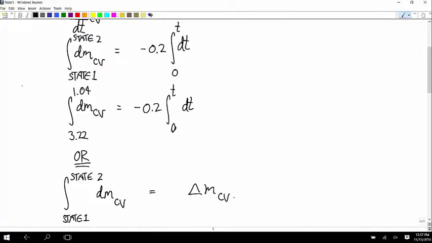So you can avoid the fiddly stuff with the bounds of integration and just think of what's the change in mass that you need to satisfy the requirements, and then set that equal to your definite integral. Both of those two ways work. So that change in mass would be 1.04 minus 3.22. You can see it comes out the same. And so the change in m has to be negative, and then set that equal to the other.